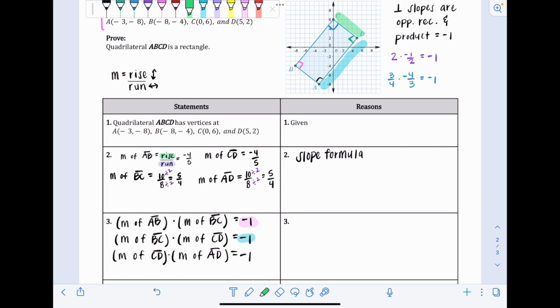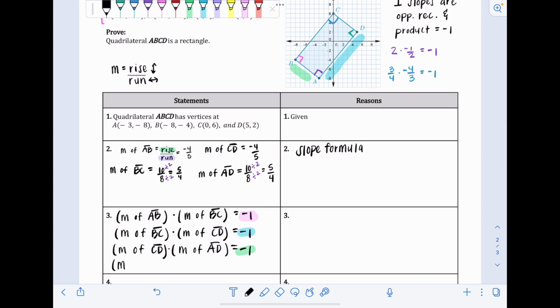Now I just need to find the fourth corner at angle A, which is the intersection of AD and AB. So we'll say the slope of segment AD times the slope of segment AB.